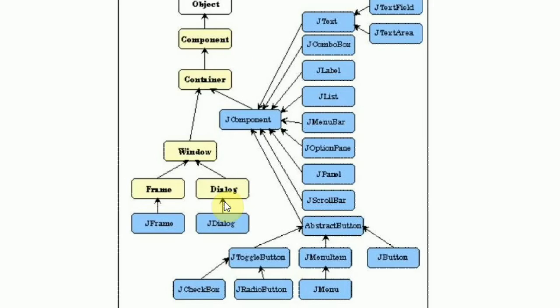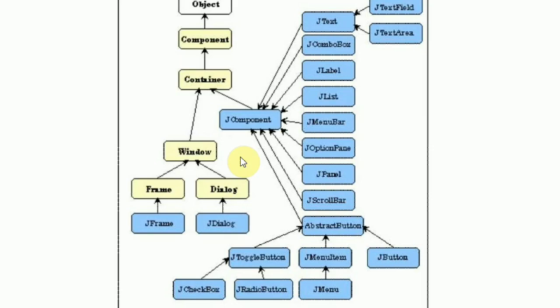So what is the definition of a container? A container is a place that holds a group of components together. That is called a container. And there can be a container inside another container also. For example, I can have a frame, and inside the frame I can have a panel, and inside the panel I can have another panel.